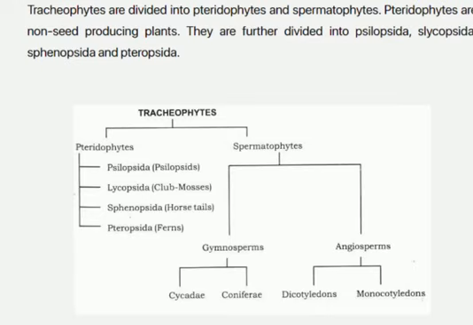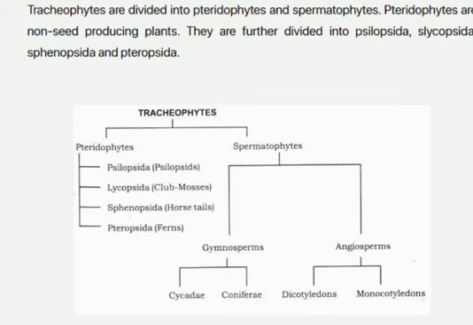Now the first part, pteridophytes, is divided into 4 groups. Number one, Coelopsida, the example is Coelopsids. Number two, Lycopsida, the example is club mosses. Number 3, Sphenopsida, horsetails are the example. Pteridopsida, the examples are ferns.